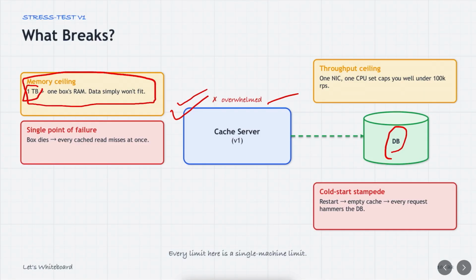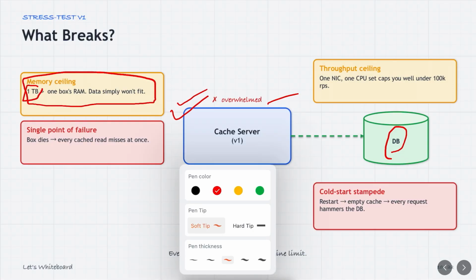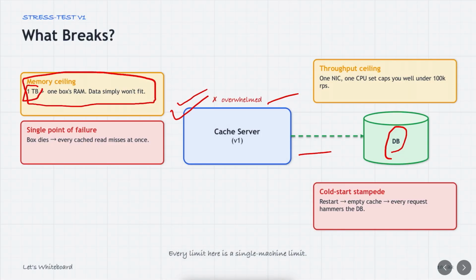If it dies and restarts, we would have a cold start stampede, which means that when the machine restarts, the cache is empty, because it's in-memory RAM. Then every request that comes in goes to the database. That's why, because a huge number of requests get hammered to the database, we call it a stampede.